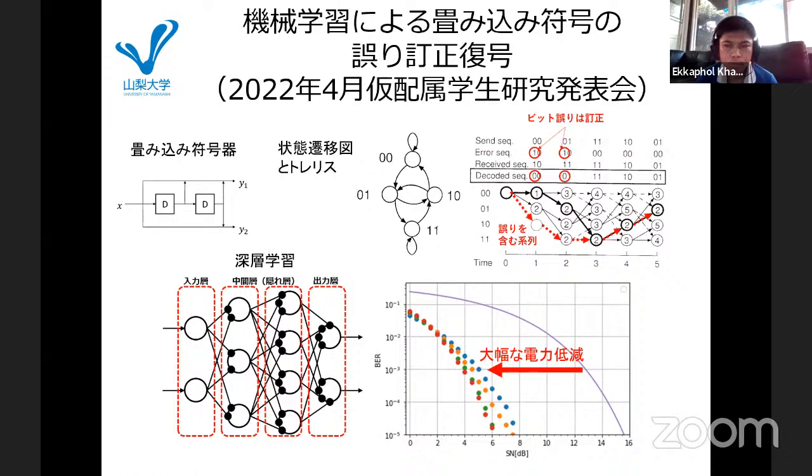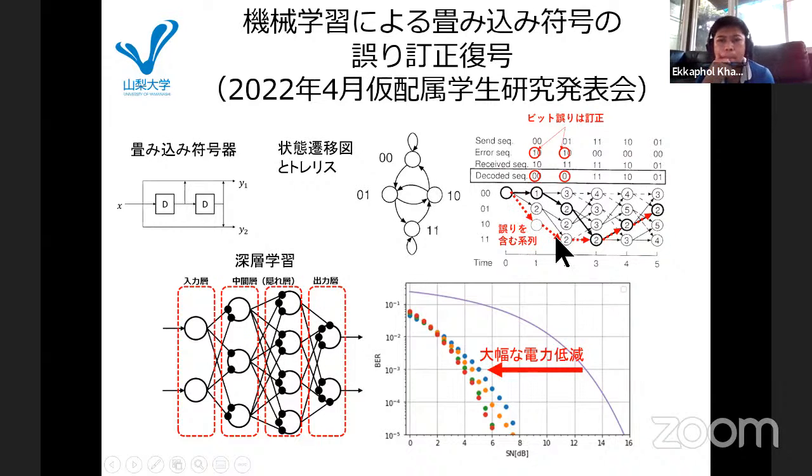However, if we get an error during the transmission, it cannot follow the arrows on this trellis. In this case, this red thick dashed line shows a sequence with error.